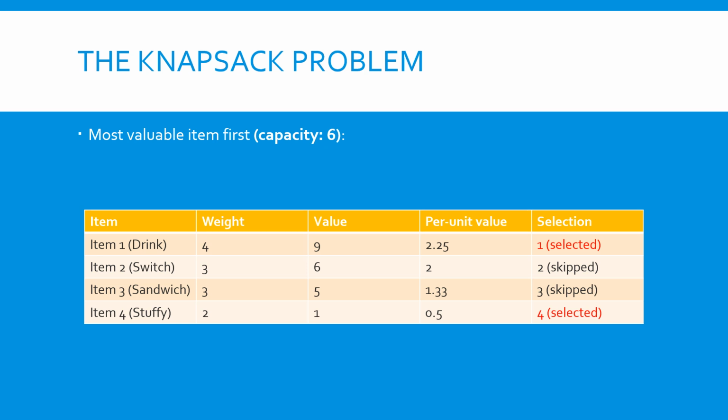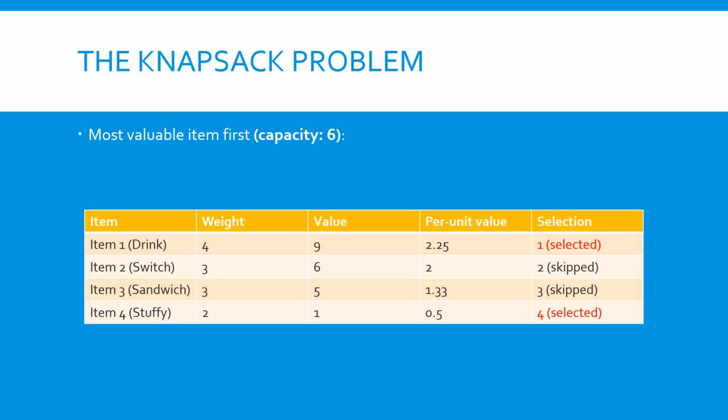Next, we'll consider switch and the sandwich, ranked second and third in terms of value. However, both require 3 units of capacity. Since only 2 units of capacity remain, neither switch nor the sandwich can be selected. Finally, we consider the last item, the stuffy toy, which requires only 2 units of capacity and still fits into the backpack.